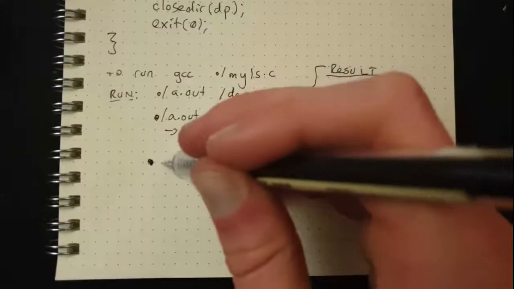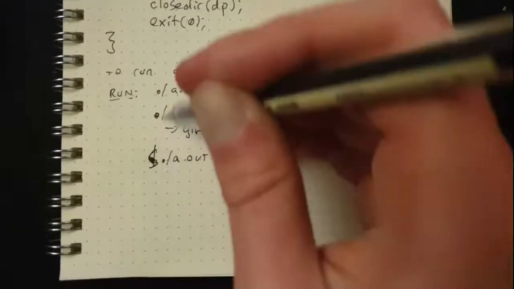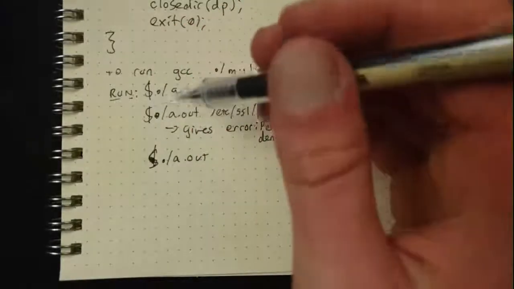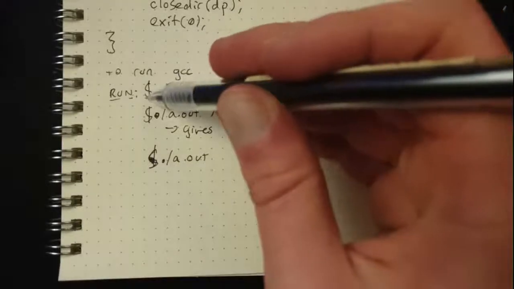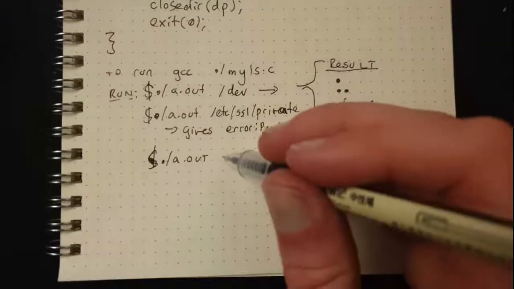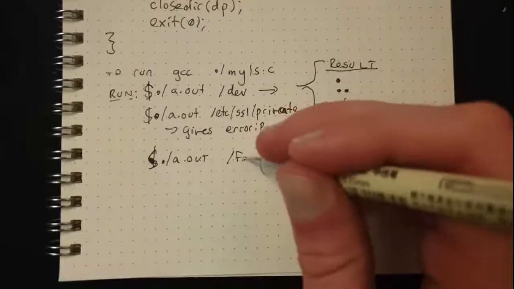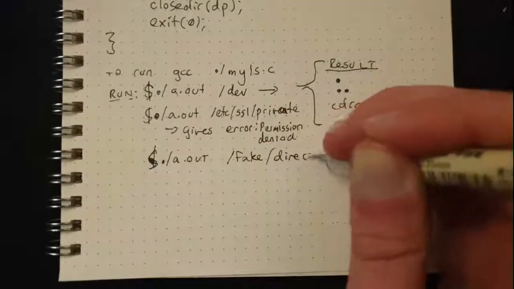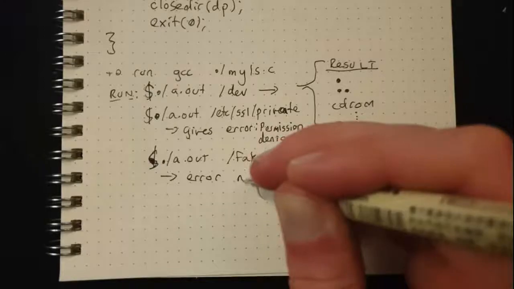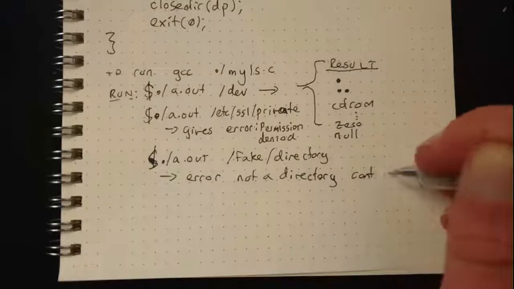For commands, just from now on, any commands run by a regular user, as in the book, I'm going to use $ sign notation. And if you do that to a fake directory, like /fake/directory, it'll just give the error: not a directory, can't open.